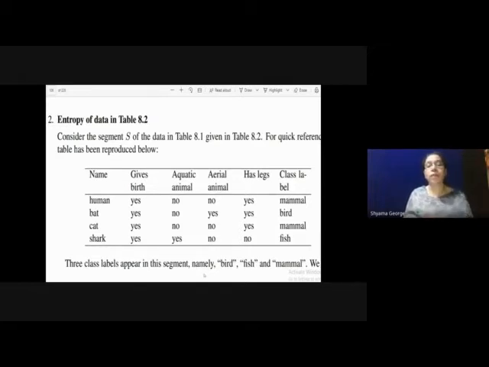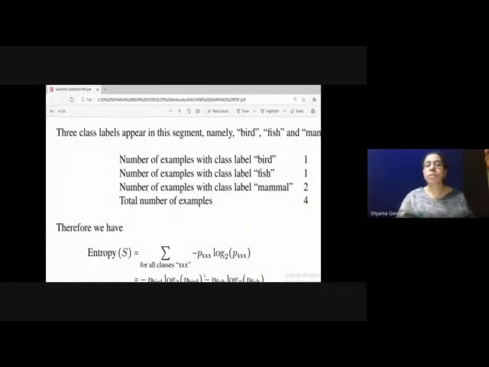Then only you can find out the entropy value corresponding to gives birth yes. You can see that there are 2 mammals, 1 bird, and 1 fish. So the distribution of class label is bird 1, fish 1, mammal 2, total 4. So you can apply the formula p log 2 to the base p to find out the entropy of gives birth equal to yes.